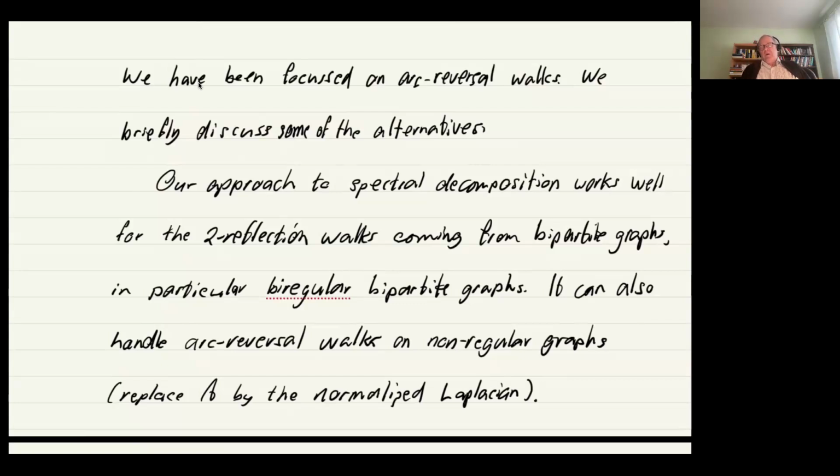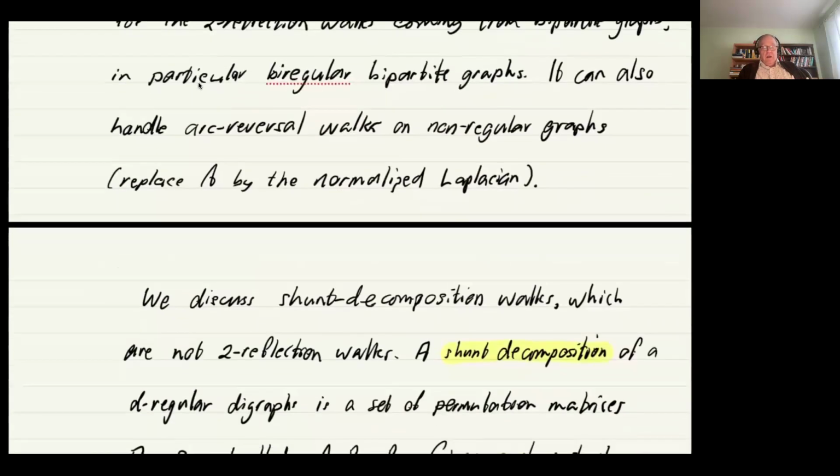Now, when we looked at arc reversal, we were assuming the underlying graph is regular, but that was just to make our lives easier. You can extend the theory to deal with graphs that aren't regular. In a certain sense, there's no need to, because the physicists can do anything they want with quantum walks using regular graphs anyway, but you can do it.